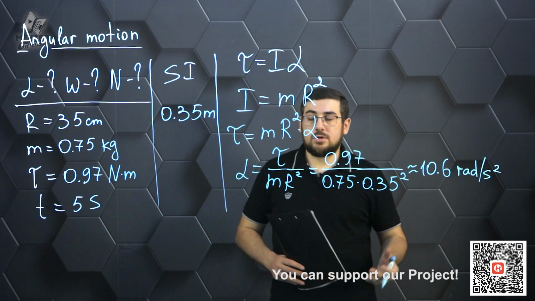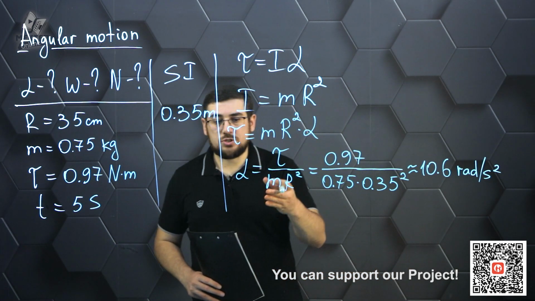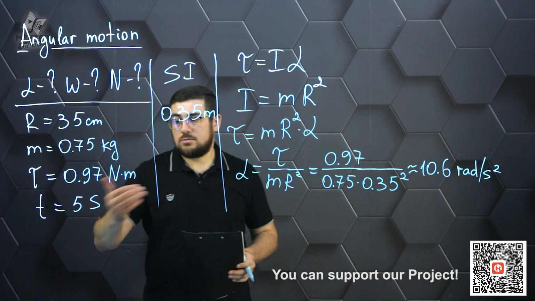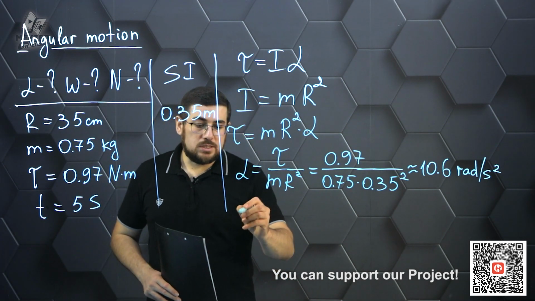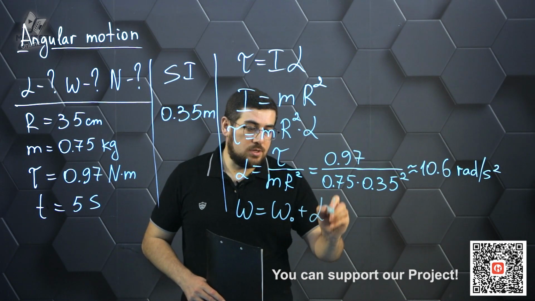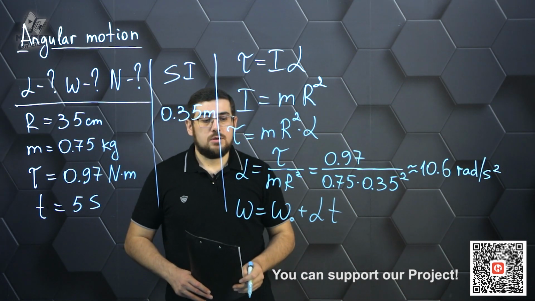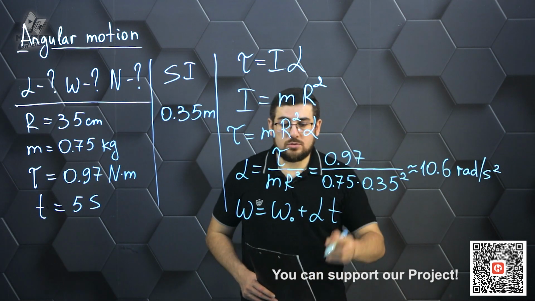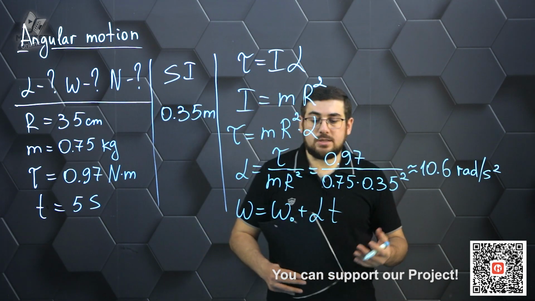Next, how to find the angular velocity if we know the acceleration and the rotation time of the given object. Here, essentially, we have a formula that determines the relationship between speed and time. Considering uniformly accelerated motion, the relationship is directly proportional.